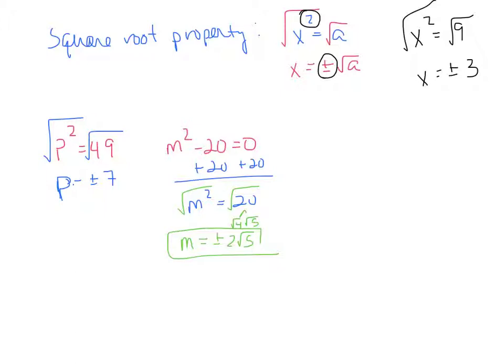All right, so what happens if sometimes you get a negative on the other side? Let's look at that real quick. n squared plus 5 equals 0. We have to move the 5 over. Don't square root yet. You can't square root a sum or difference. It does nothing for you. You want to get n squared by itself first.